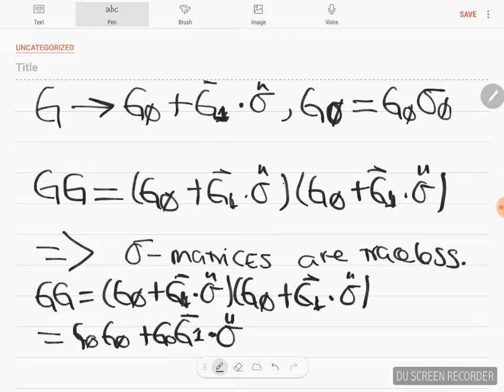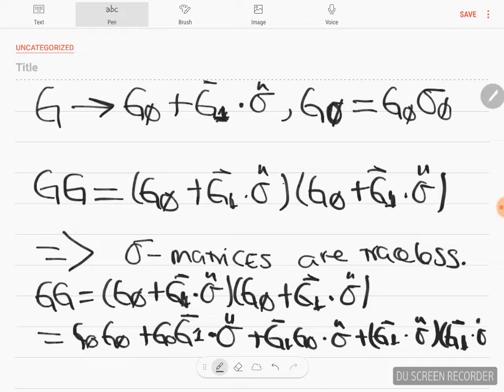Remember that as far as sigma is concerned, G0 is a scalar, and G0 and G1 do not commute in general, so this is G1 G0 times sigma, plus G1 dot sigma G1 dot sigma.